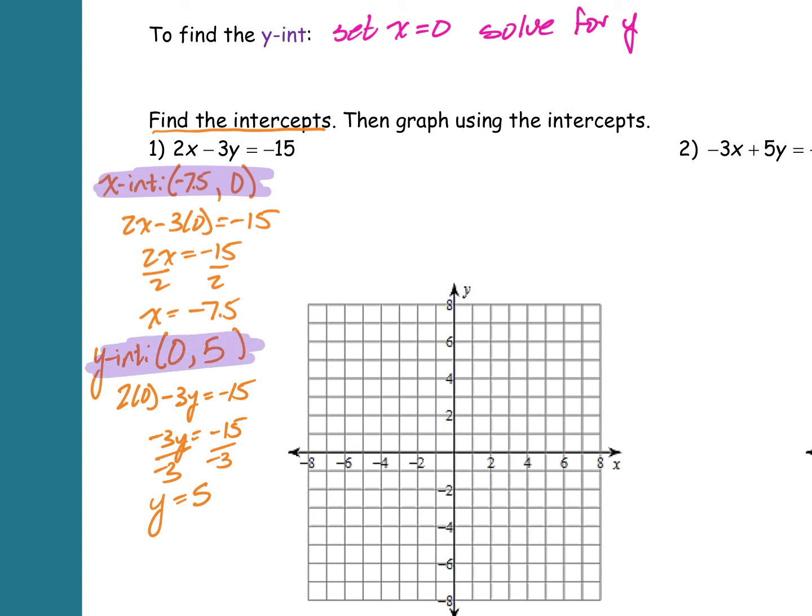So then it says graph using the intercepts. This is the easiest thing. I'm going to put 2 points on my graph. I'm going to put my x-intercept and my y-intercept. So my x-intercept is at -7.5, which is halfway between -7 and -8. And I'm going to put 0, 5. And I'm going to connect the two with a line.